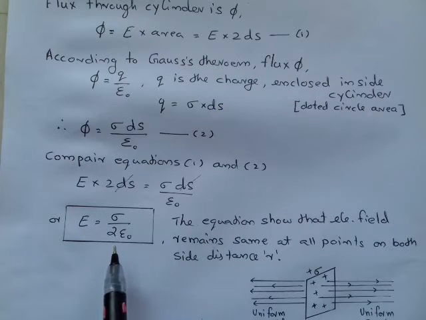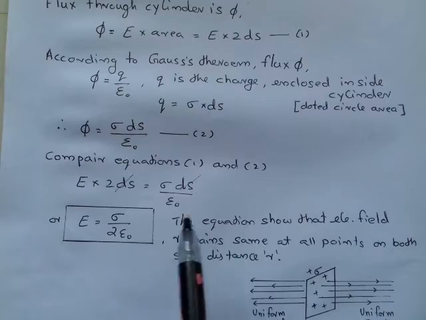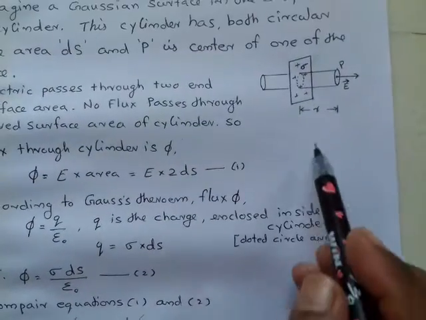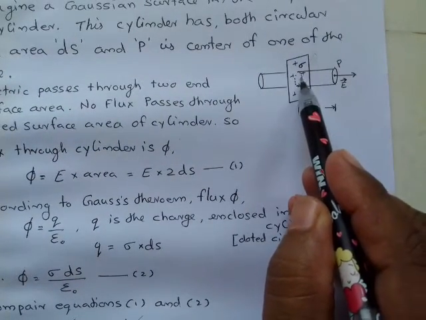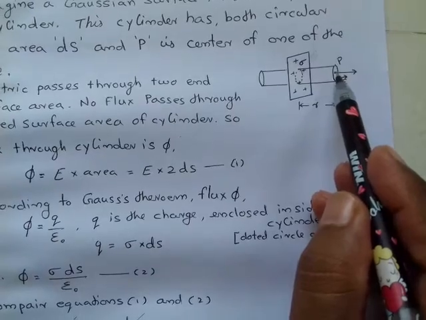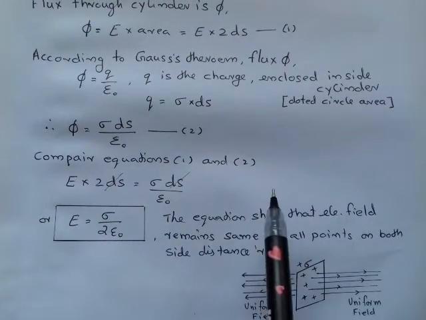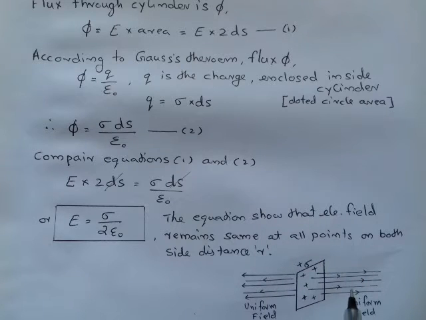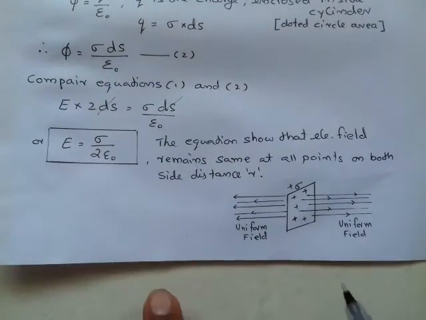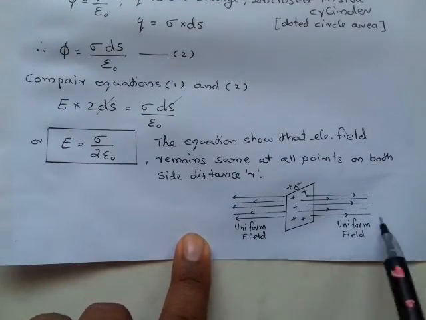So this equation shows that there is no term like r. Actually this distance is r, but there is no such term in the equation. That means anywhere on the right side or left side of the charged plate, the electric field is the same. Electric field depends only on the charge density. So how does that happen? This is the shape of the electric field.